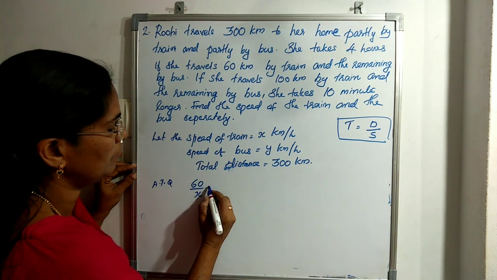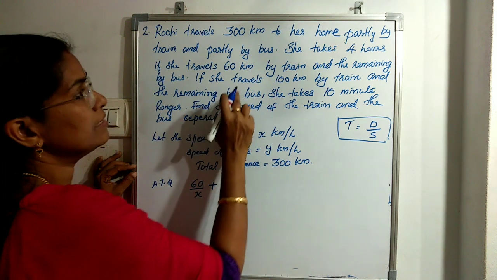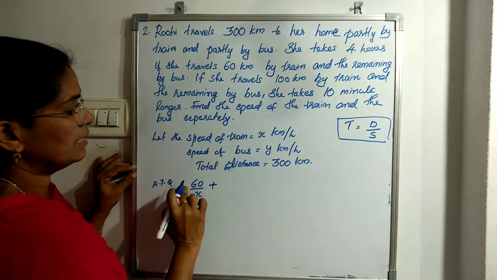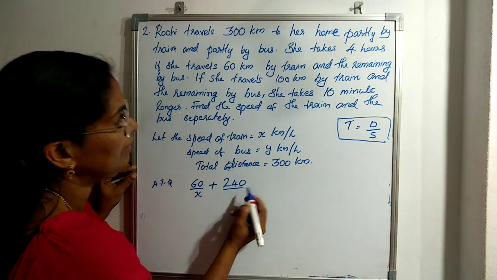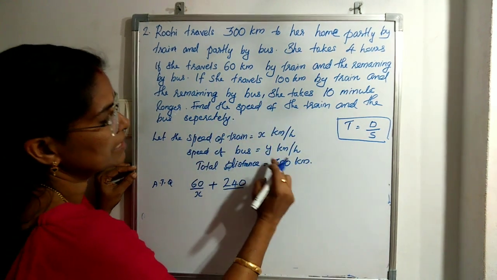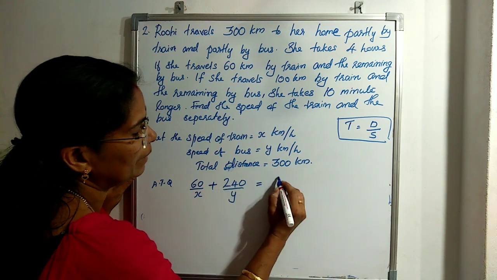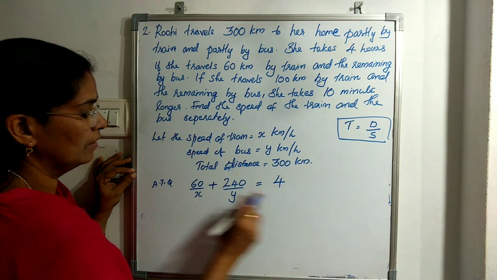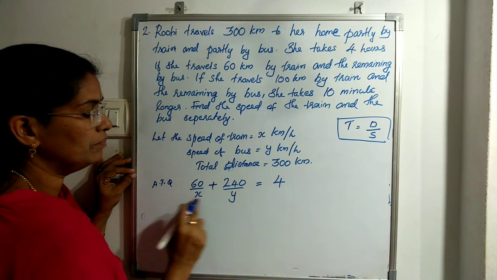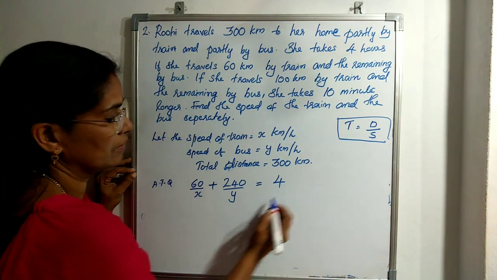So this is the time she traveled in the train, plus the balance 300 minus 60 is 240 kilometer she traveled in the bus. What is the speed of the bus? That is y. So the total time taken is 4 hours. Clear this one? This is train time, this is bus time.